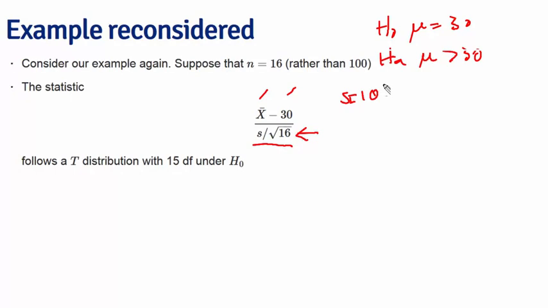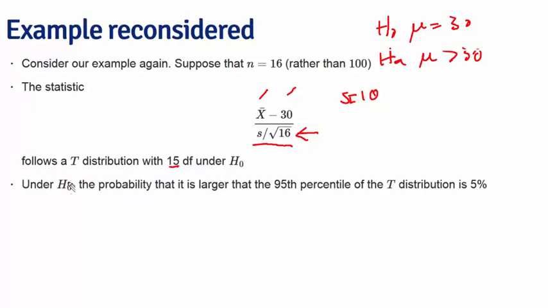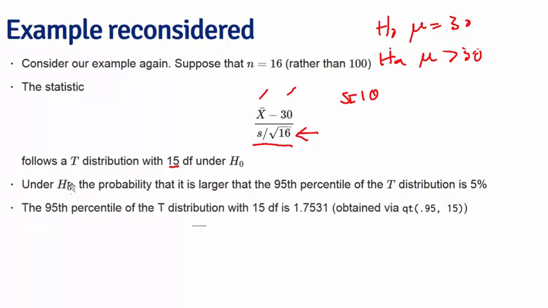This test statistic, how many estimated standard errors from the hypothesized mean the sample mean is, follows a t-distribution with 15 degrees of freedom in this specific case. So under the null hypothesis, the probability that it's larger than the 95th percentile of the t-distribution is 5%. So we need to calculate that 95th percentile of the t-distribution.